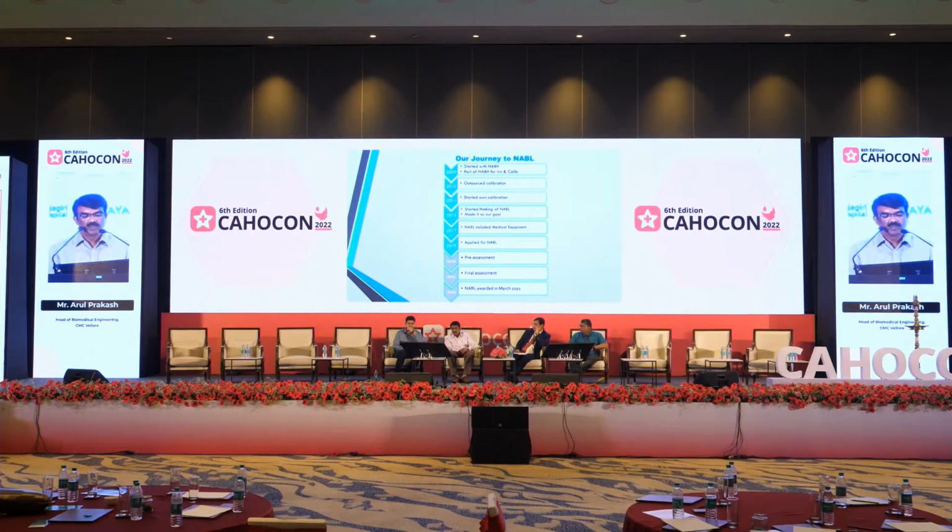We started this as a project with the quality management cell, and the first thing we did was to start the inventory. We designed a logic for inventory, and we did it as a project, and almost 5,000 equipment were there at that time.